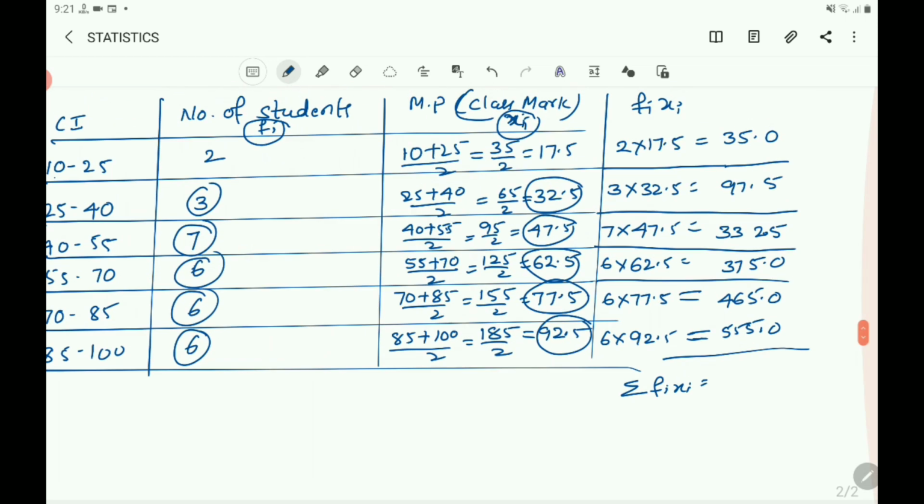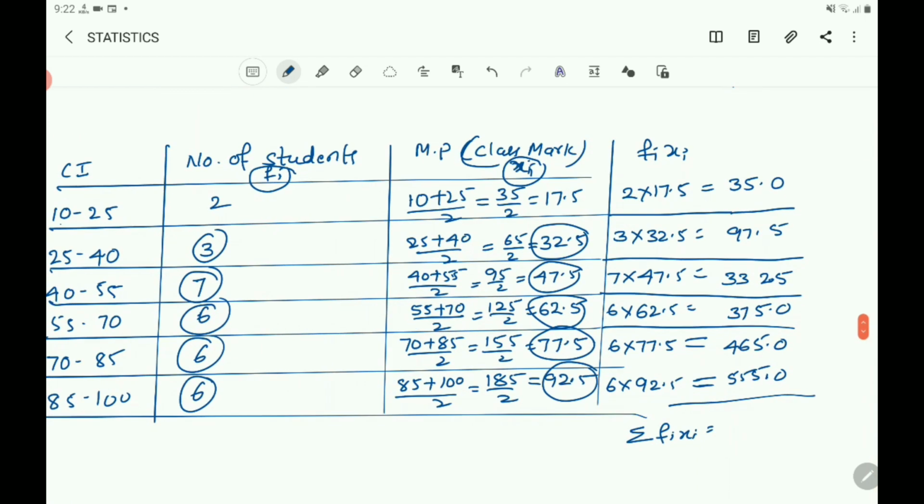So by adding all of these, 5 plus 5 is 10, 0 and 1 carry, 6 plus 5 is 11 plus 5 is 16 plus 2 is 18, and so on.